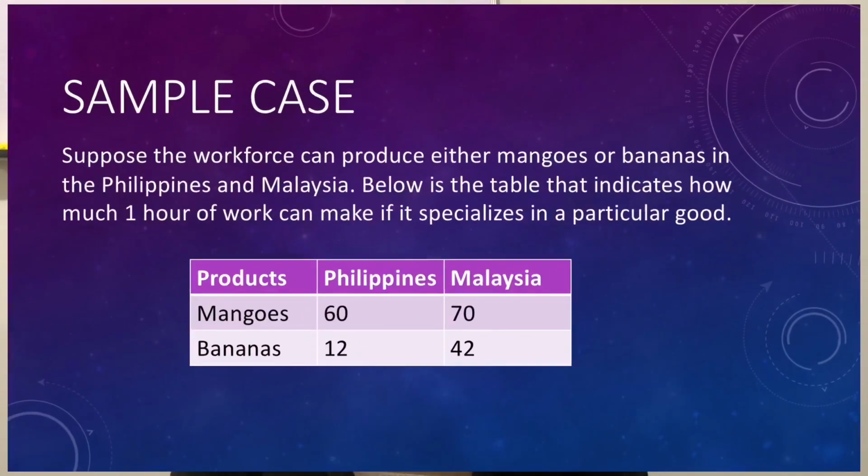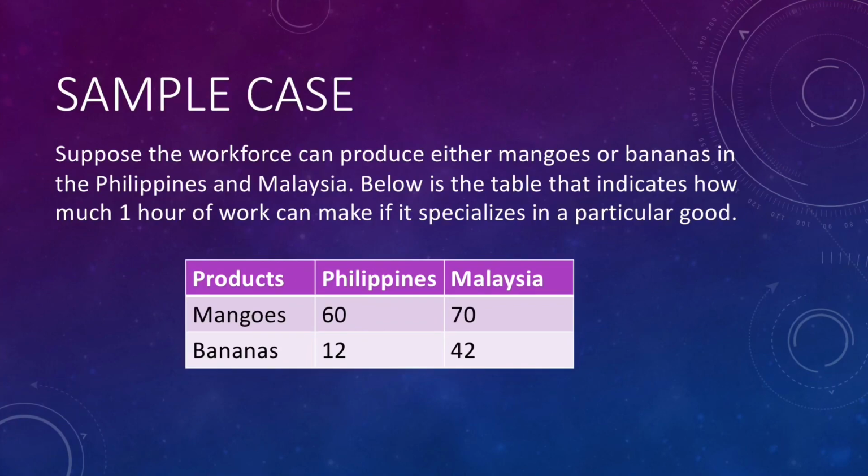To demonstrate both absolute and comparative advantage, let us refer to the following illustration. Sample case: suppose the workforce can produce either mangoes or bananas in the Philippines and Malaysia. Below is a table that indicates how much 1 hour of work can make if it specializes in a particular good.